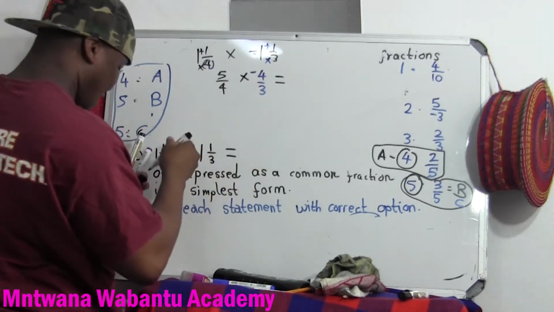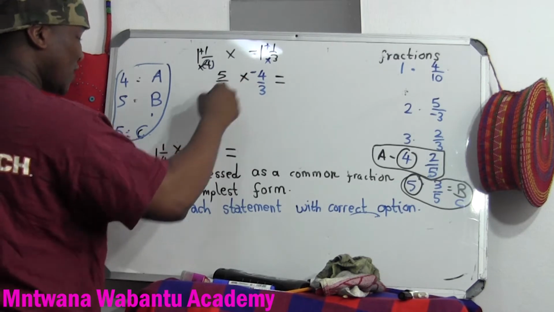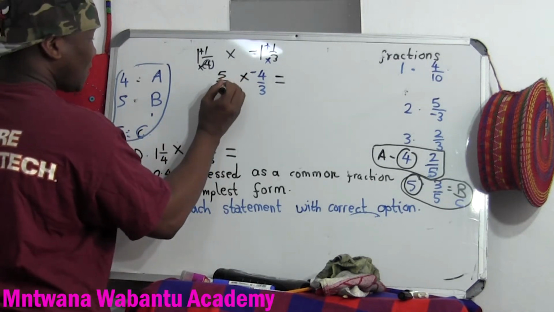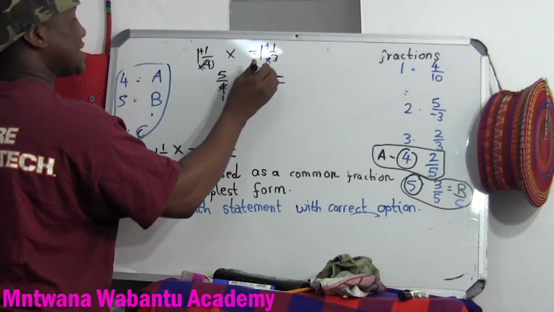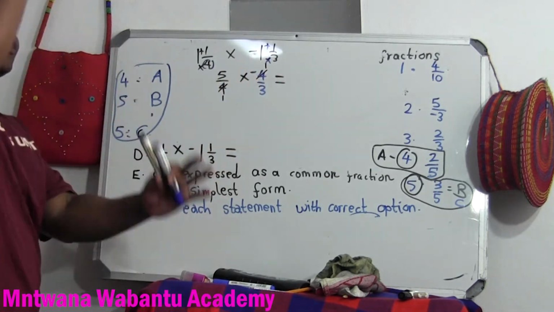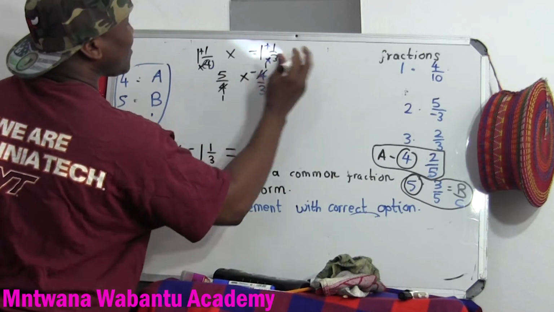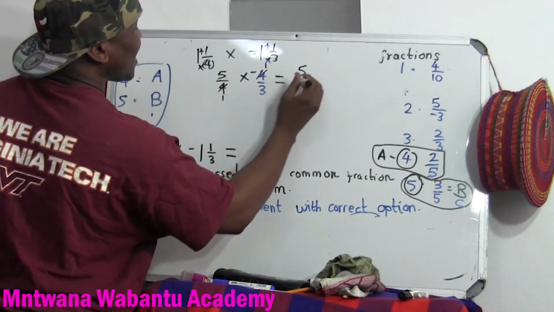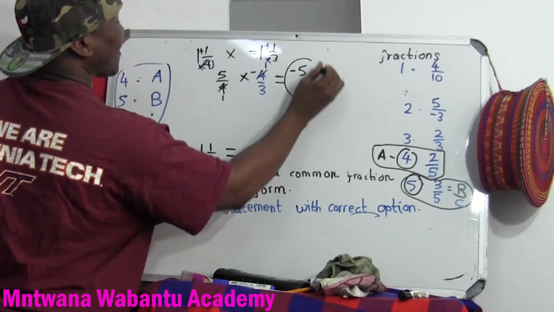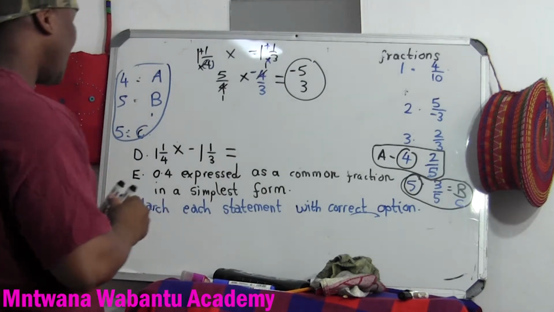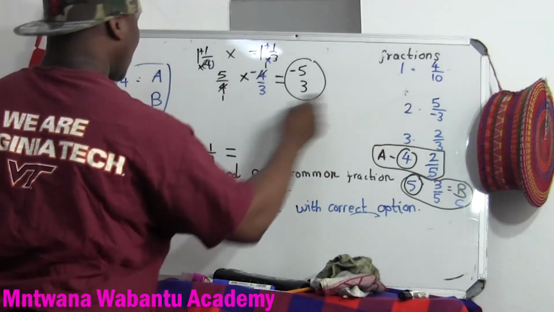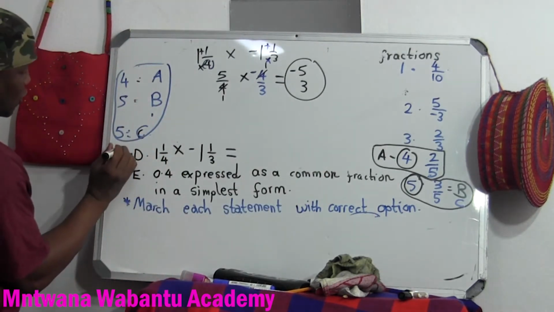When you have a multiplication, you can simplify. The 4 at the bottom, you can simplify with the 4 at the top. So top number and bottom number can cancel because they're the same. So 5 times 1 equal to 5, 1 times 3 equal to 3, but it's negative. Negative 5 over 3 means for D is option 2.